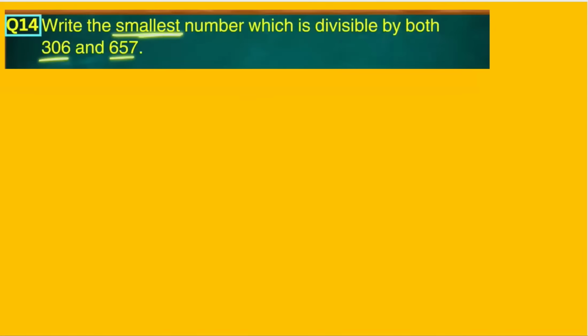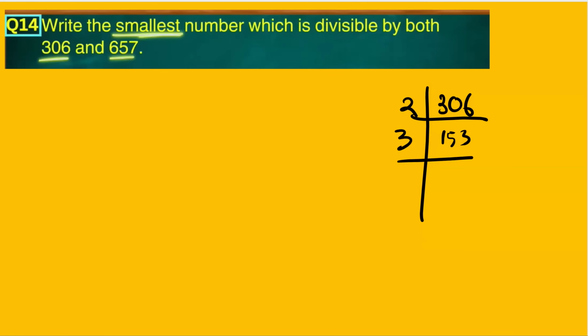So next question. Write the smallest number which is divisible by 306 and 657. So first we have to determine the LCM between 306 and 657. So half of 306 will be 153.